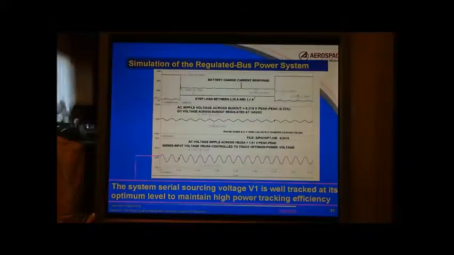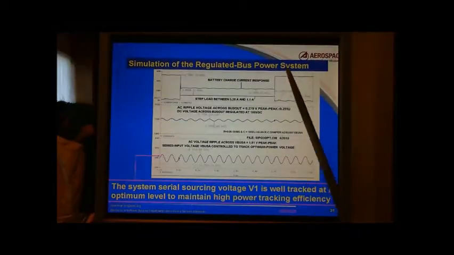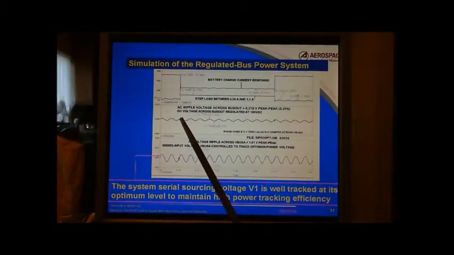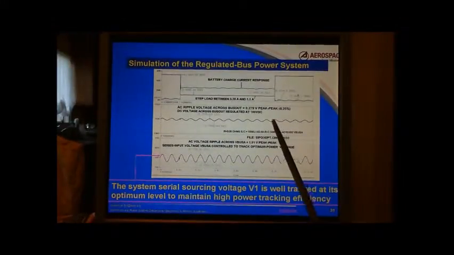This step load current appears across a certain load, particularly across the bus out voltage. Even though the step load has significant transient, the bus out voltage still has very negligible transient, a little blip here and a little blip here.